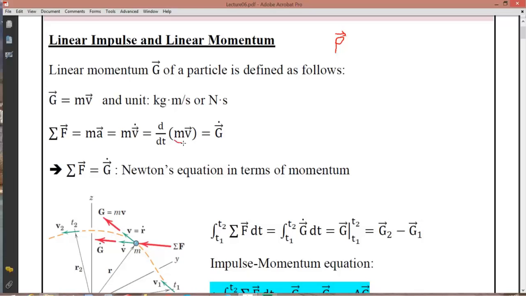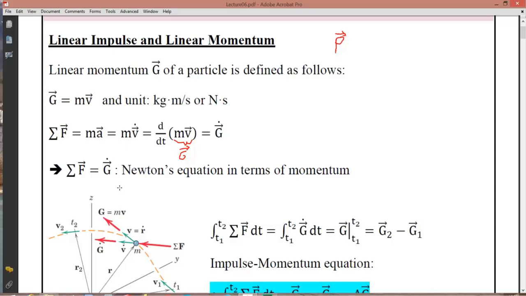This was defined as G, right? And then the derivative of the linear momentum with respect to time is equal to the time rate of change of the linear momentum. So G dot is the time rate of change of the linear momentum.